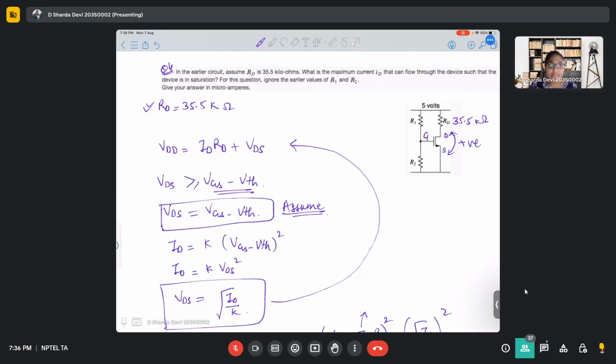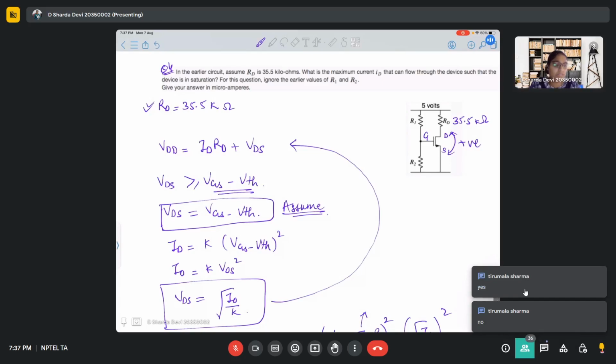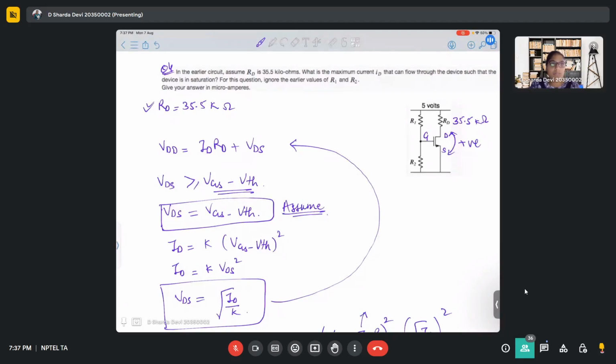Is there any chance that we can get this VDS negative also, for the condition that the transistor needs to be in saturation? For saturation, your VDS will always be positive because VGS minus VTH will always be a positive term. So since VGS minus VTH is positive, VDS will definitely be positive.